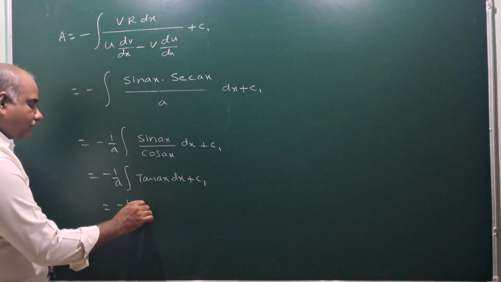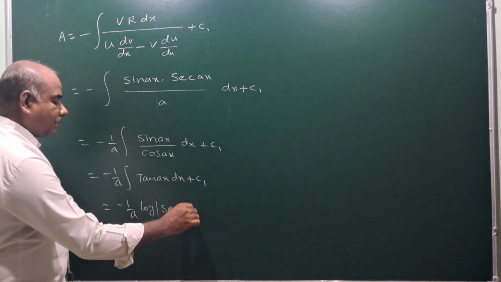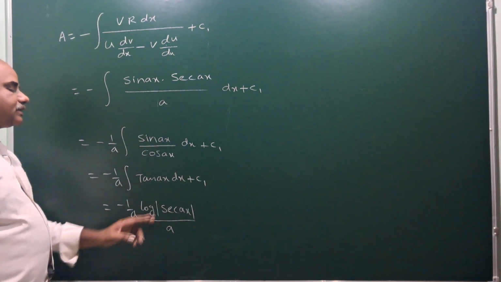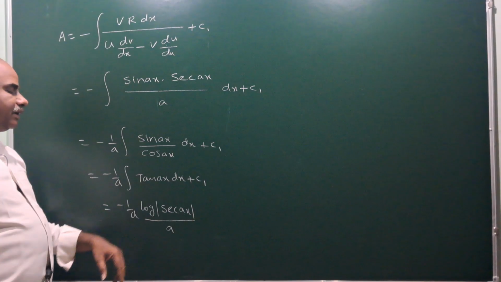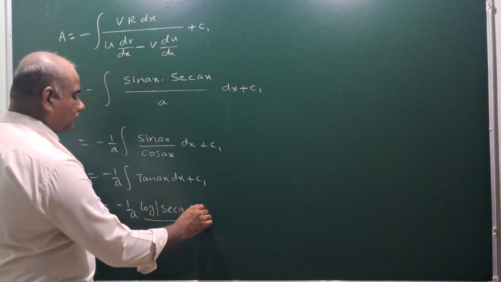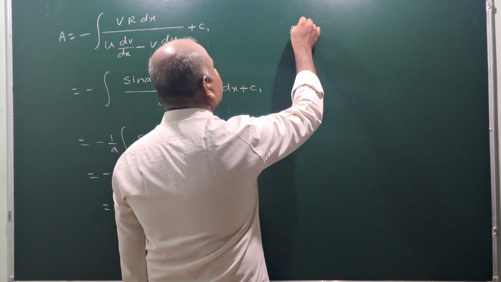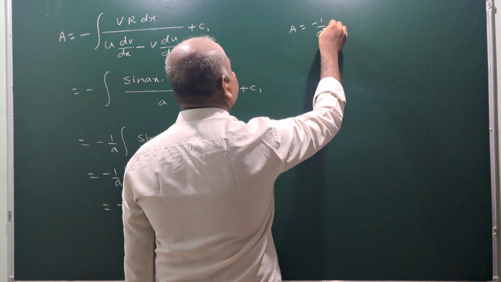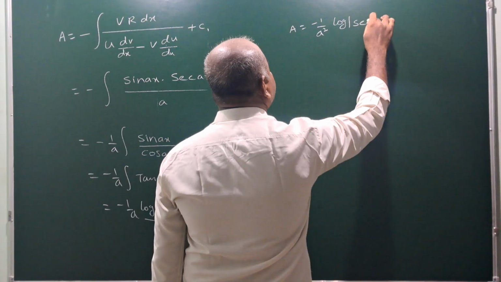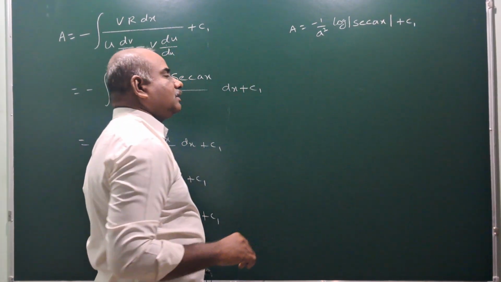The formula is log|sec ax| by a, because x has the coefficient; in integration the coefficient is written in the denominator. So finally A = −(1/a²) log|sec ax| + c1. This is the value of A.